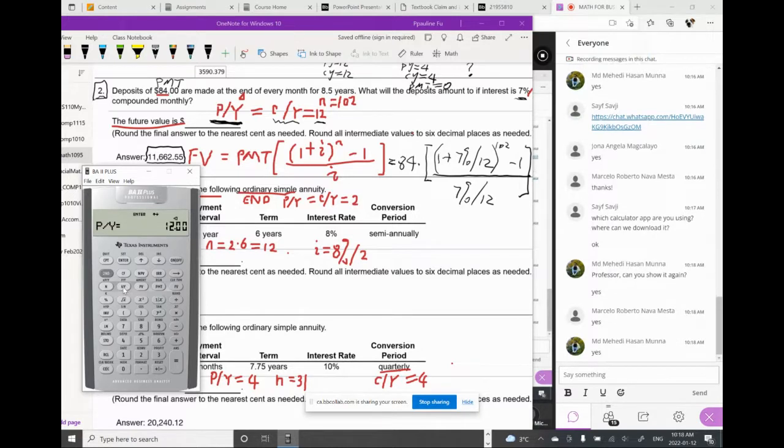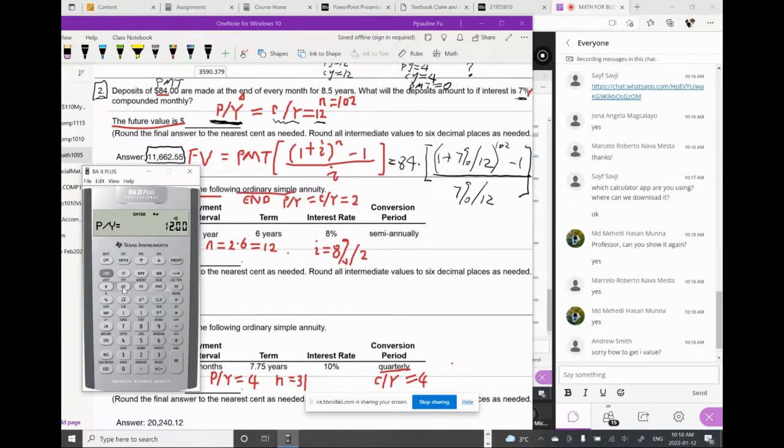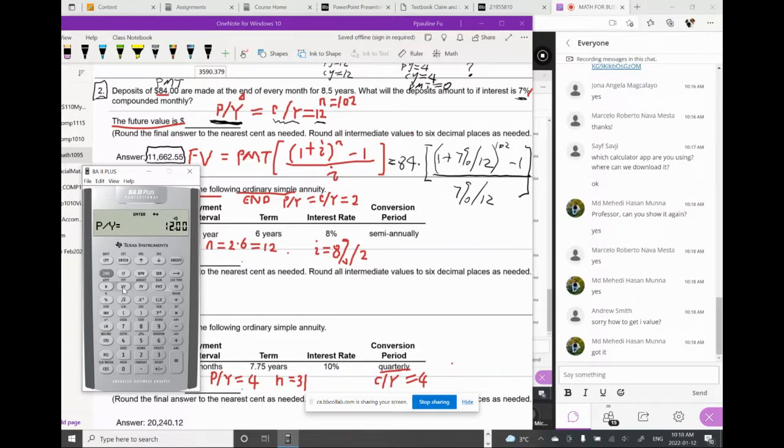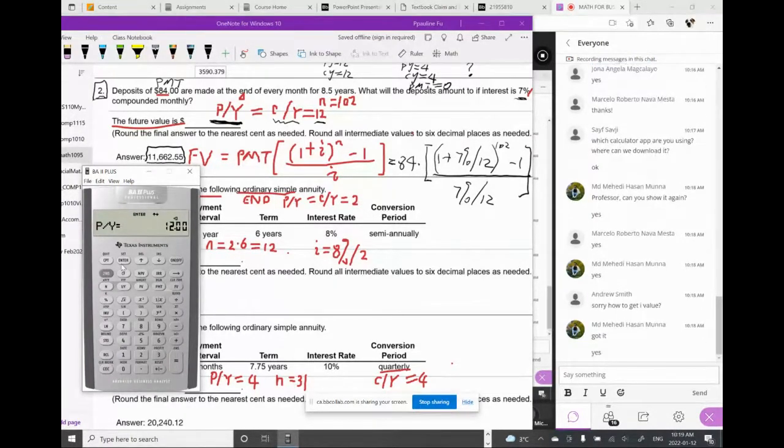Click PY. Okay, great. How do you get value? Okay, you see PY, then you type in value here. See 12, enter 12, then press enter. Thank you, Andrew, for a question. Everyone, did you enter PY equal to 12? Okay, great. Let's move on.